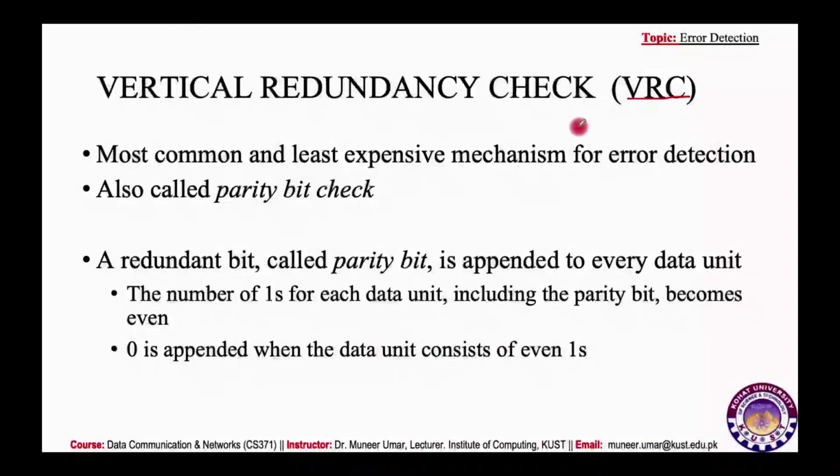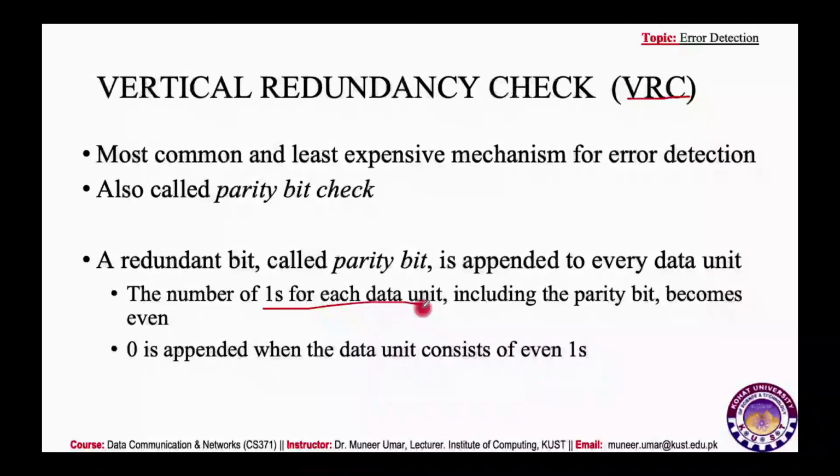The first redundancy check in our list is VRC. VRC uses the parity bit. It is the most common and least expensive mechanism for error detection. As we know, in parity bit, a redundant bit called parity bit is appended to every data unit so that the number of ones in the data unit becomes even or odd.